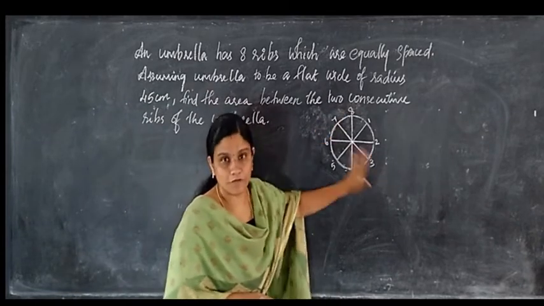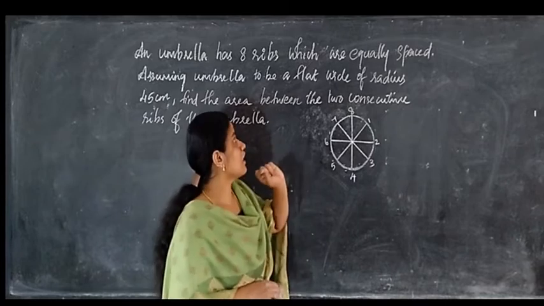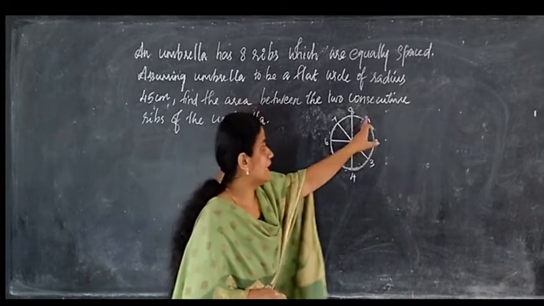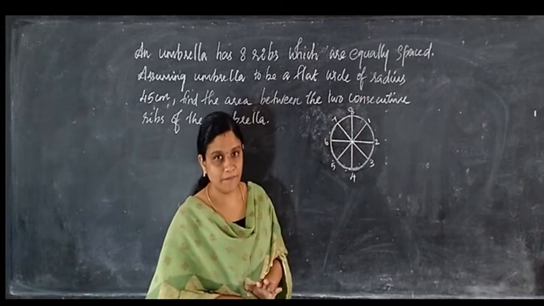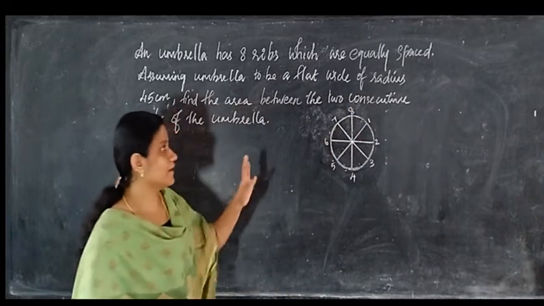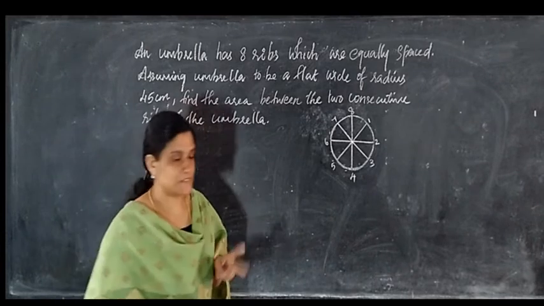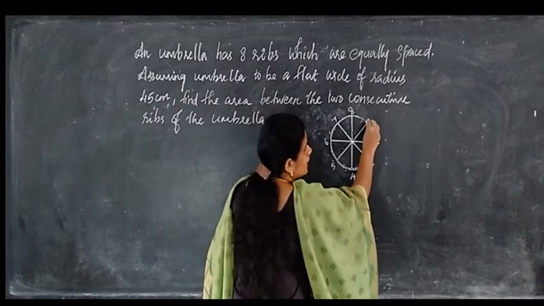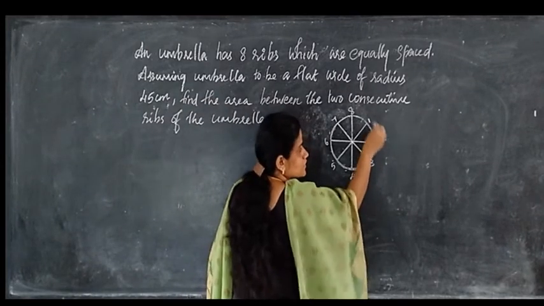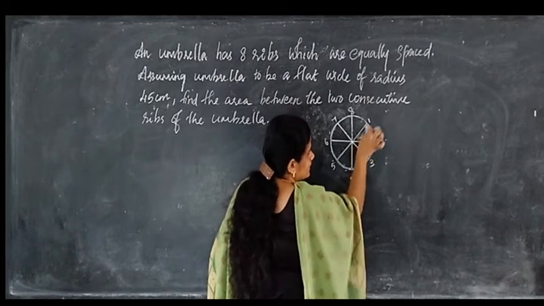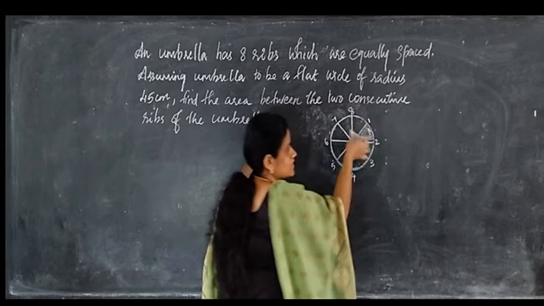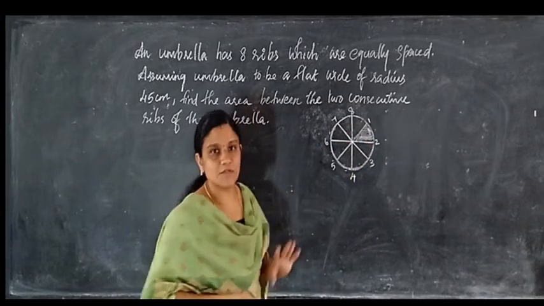Let this be the top of the umbrella, and it consists of 8 ribs which are equally spaced. We have to find the area between two consecutive ribs. If I am taking 1 and 2, these are two consecutive ribs. Any two consecutive ribs you can choose.